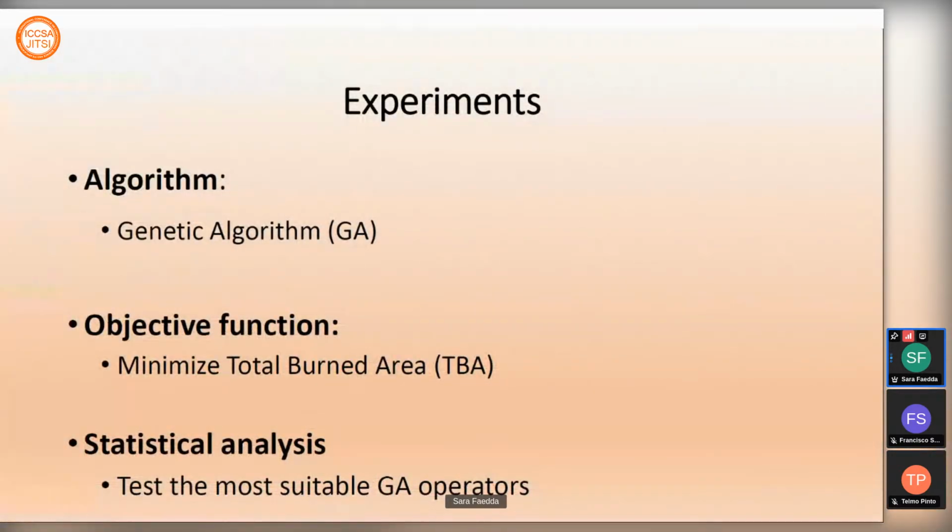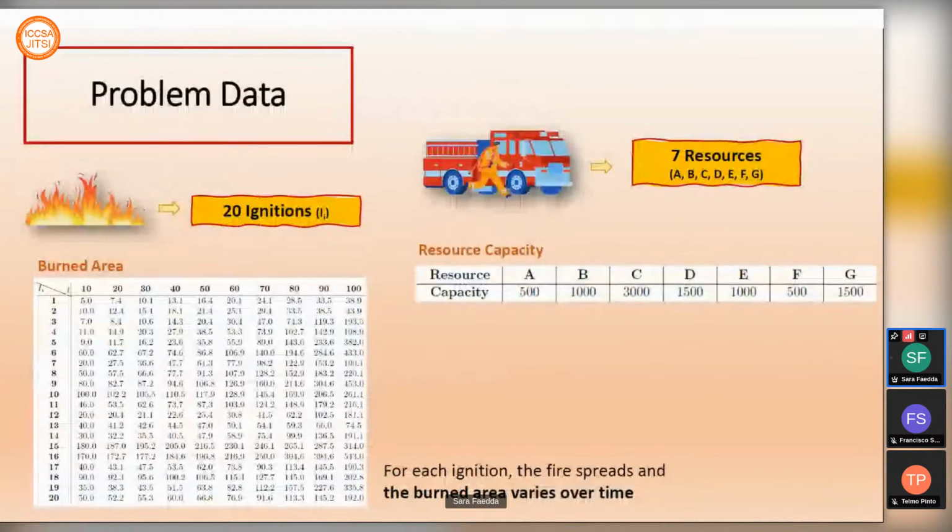So in this work, I will present some experiments with the GA, where the objective function is to minimize the total burned area, and some statistical analysis will be implemented to test the most suitable GA operators. So this is a problem data that we invented. We defined 7 resources to be assigned to 20 ignitions. We have the capacity of each of the resources.